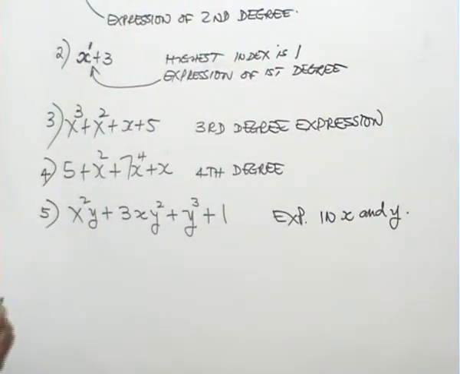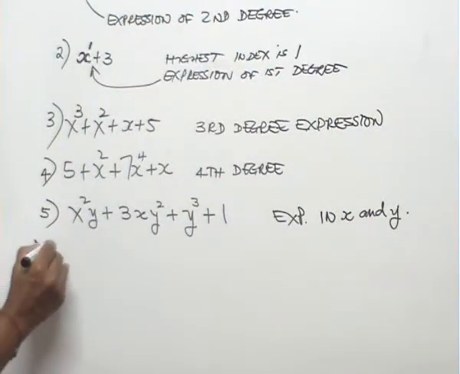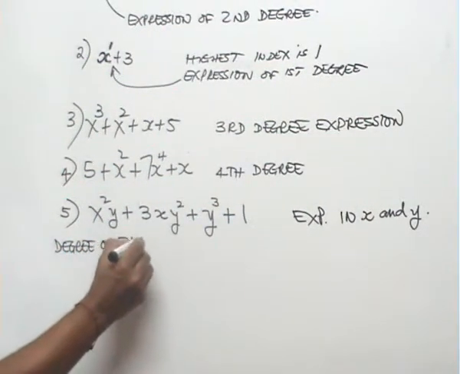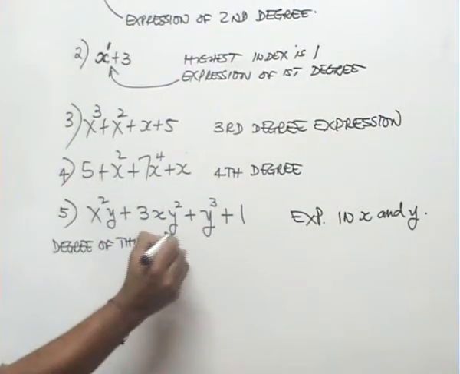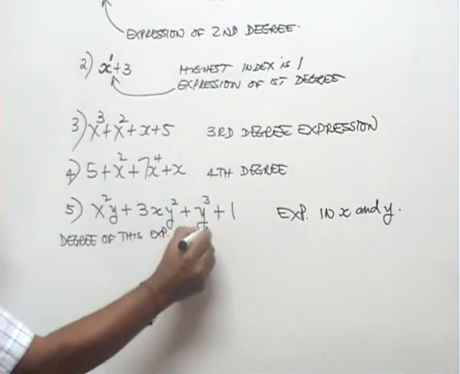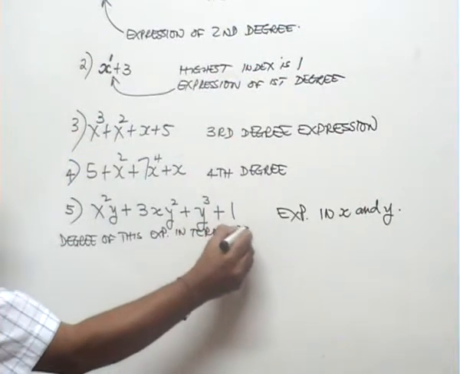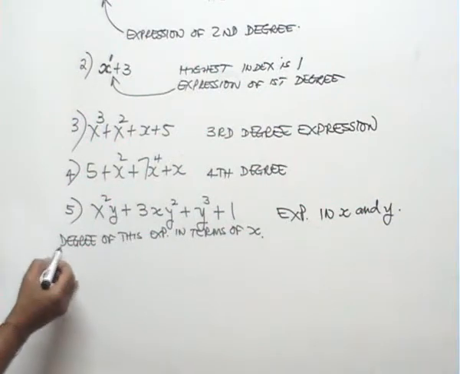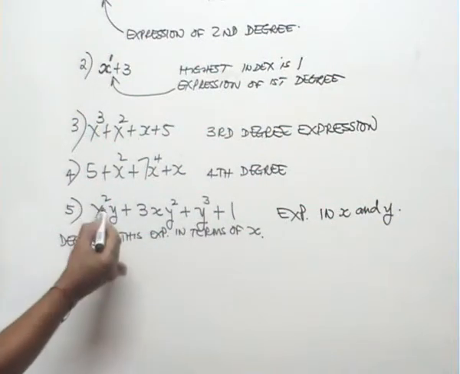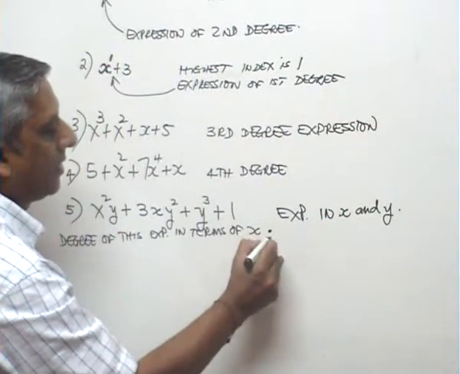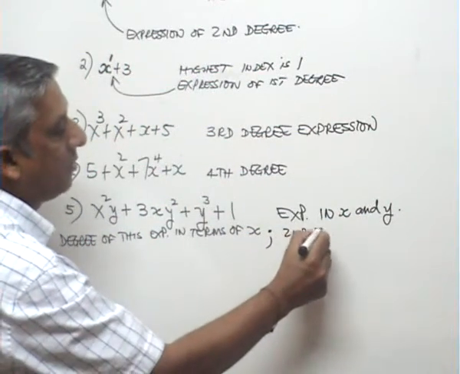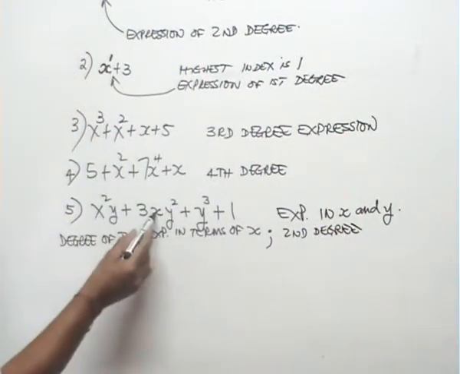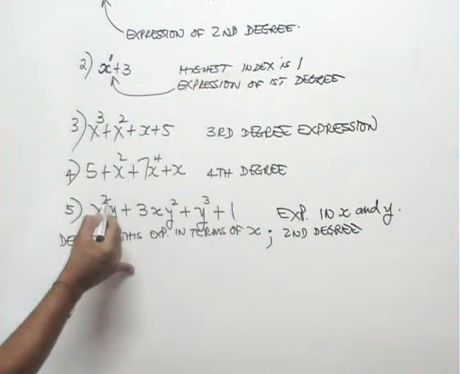So if I ask you a question, what is the degree of this expression in terms of x? That means you must look for the highest index of x. So the degree of this expression in terms of x is second degree, because if I study all the x's, the highest index is 2.